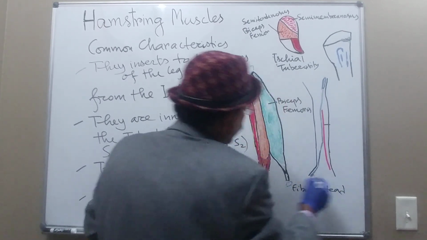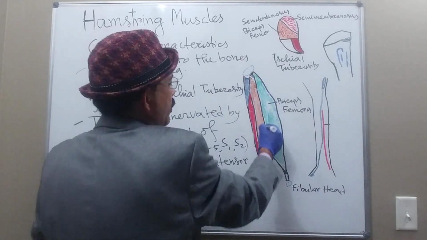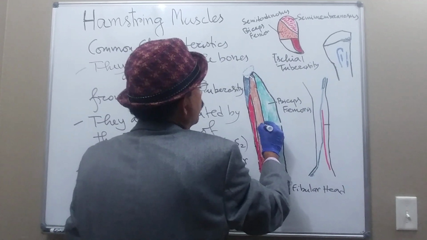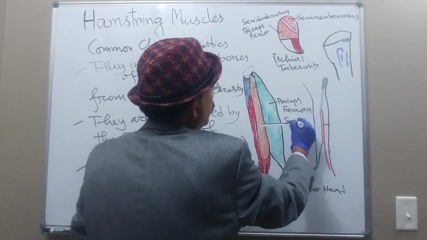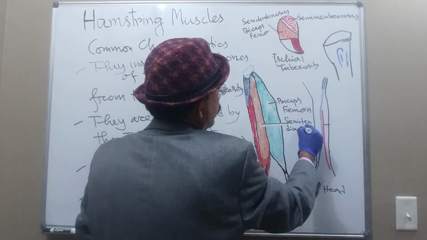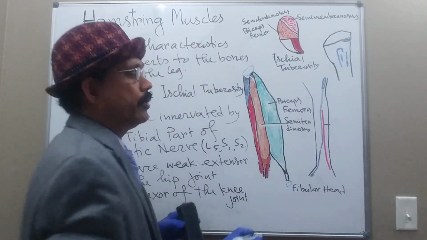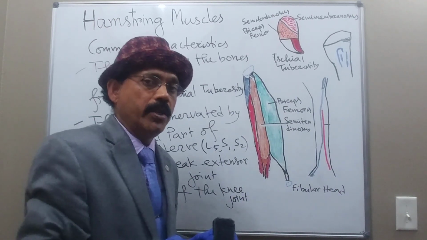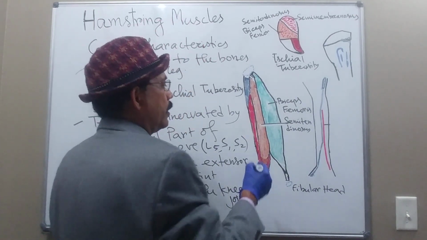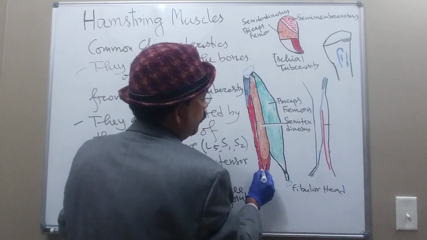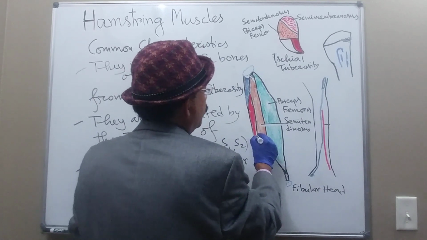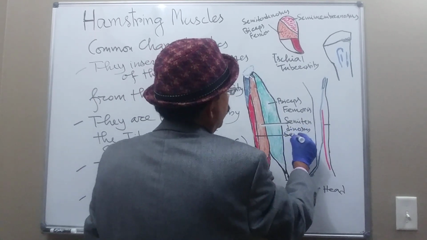Okay, and here is the semitendinosus, and it inserts to the upper part of the medial aspect of the tibia. And this is the semimembranosus. This part, that part, both are part of the semimembranosus.